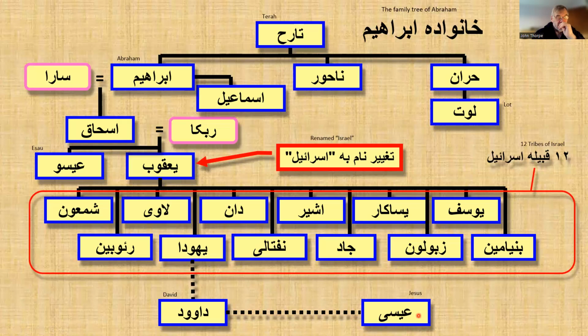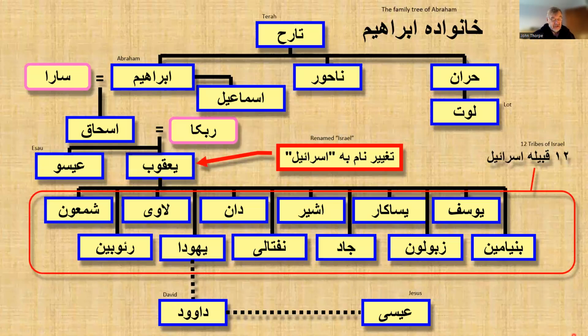The Old Testament is the story of the people from Ibrahim almost to Jesus. It speaks of Ishmael, Isaac, Jacob, Joseph and their children, reaches David, and finally Jesus Christ.